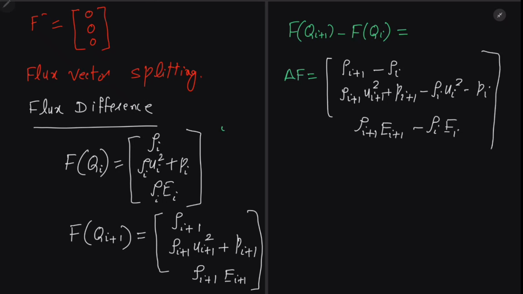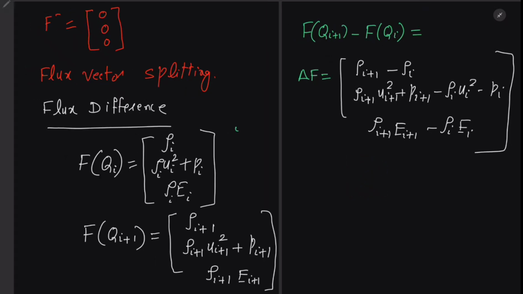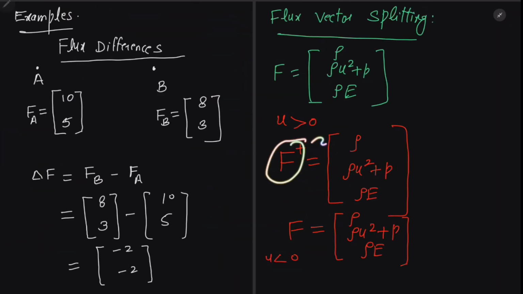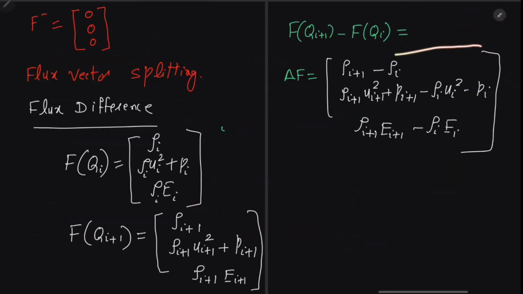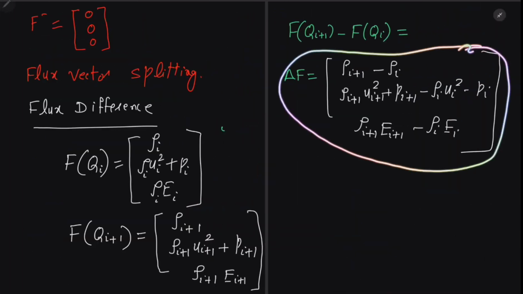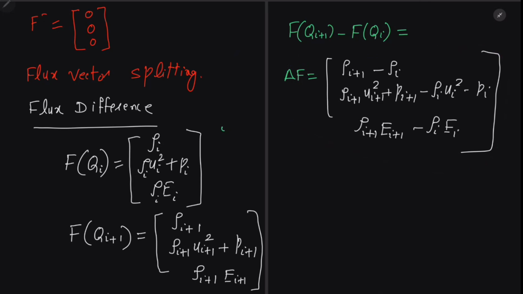This is what we have, the flux differences, without looking at whether u is greater than 0 or less than 0. Previously, this flux was dependent on u greater than 0 or u less than 0. Such flux is called flux vector splitting, and such difference is called flux difference splitting.